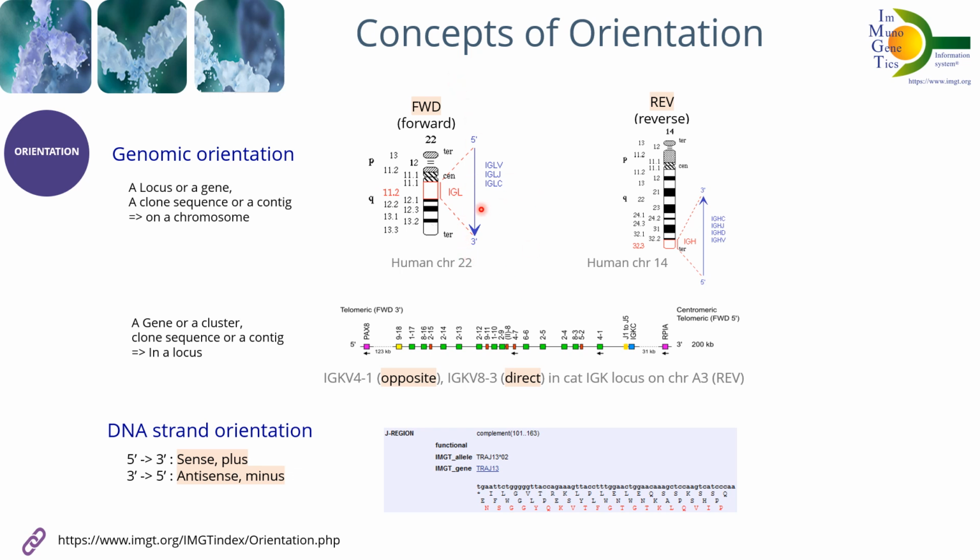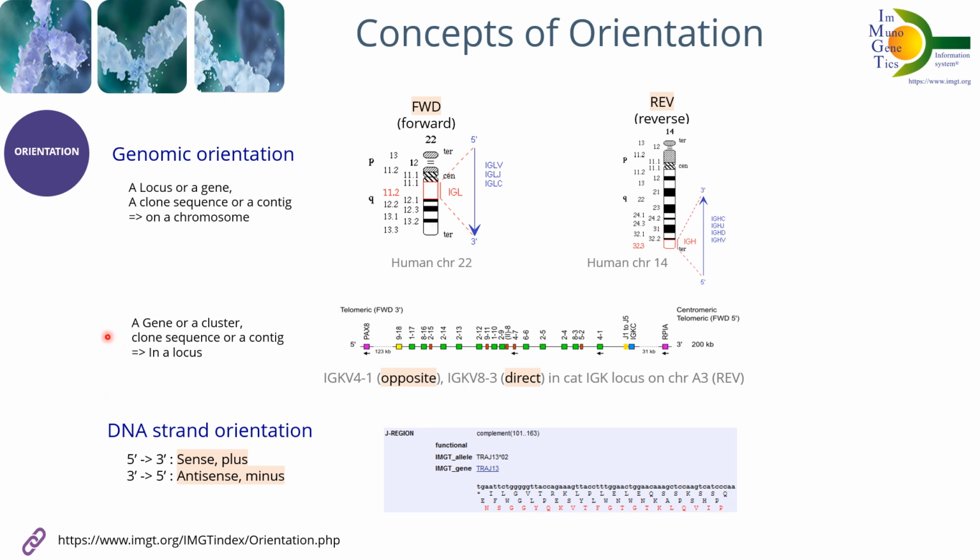Therefore, the orientation of a locus or a gene on a chromosome is defined as forward if the orientation of the transcription is identical to the forward orientation of the chromosome, or reverse otherwise. In the two examples, the human IGL locus on chromosome 22 is in the forward orientation, whereas the human IGH locus on chromosome 14 is in the reverse orientation.